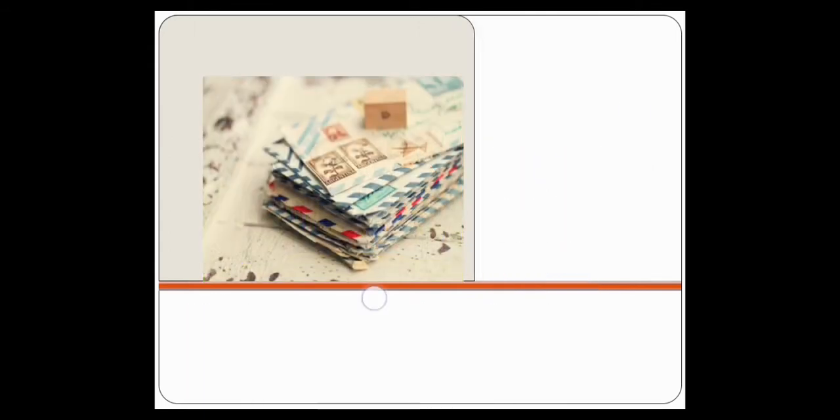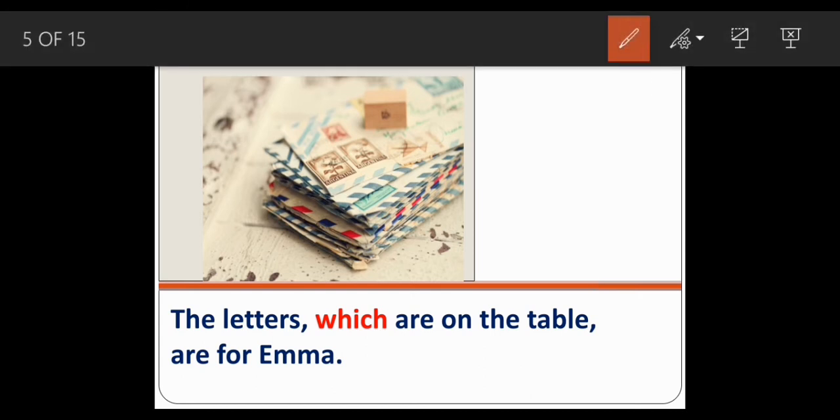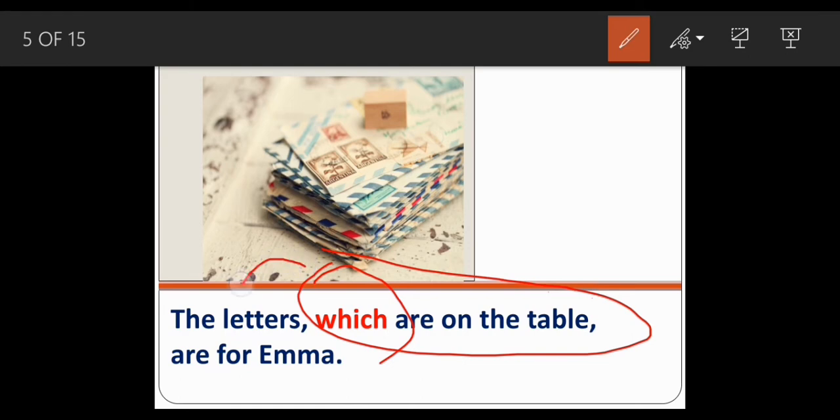Another sentence. The letters which are on the table are for Emma. Now here we have which are on the table. So this is the relative clause, and it is introduced with a relative pronoun and it is used to describe the letters.